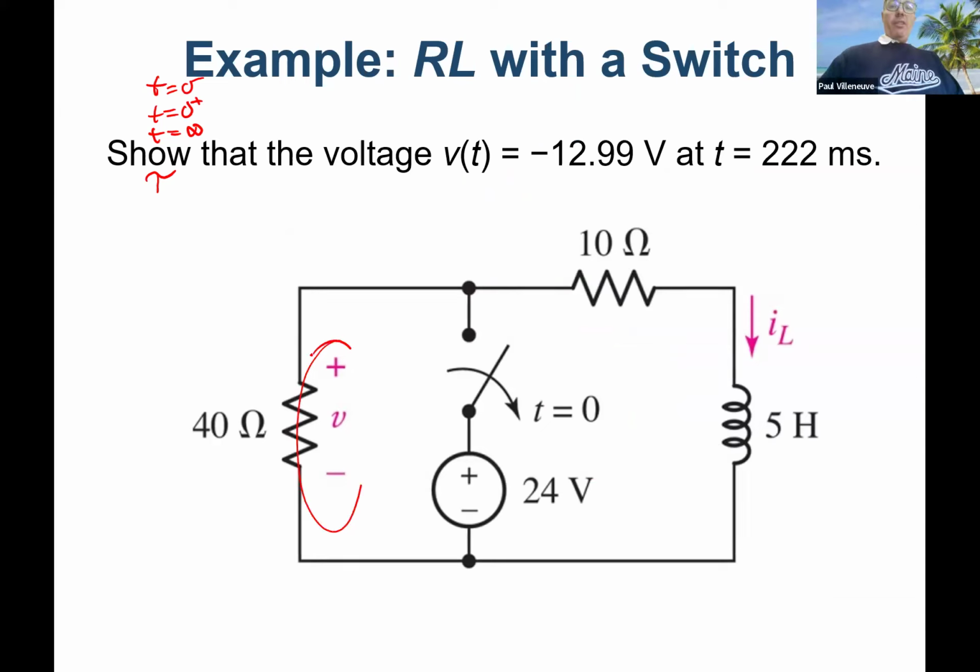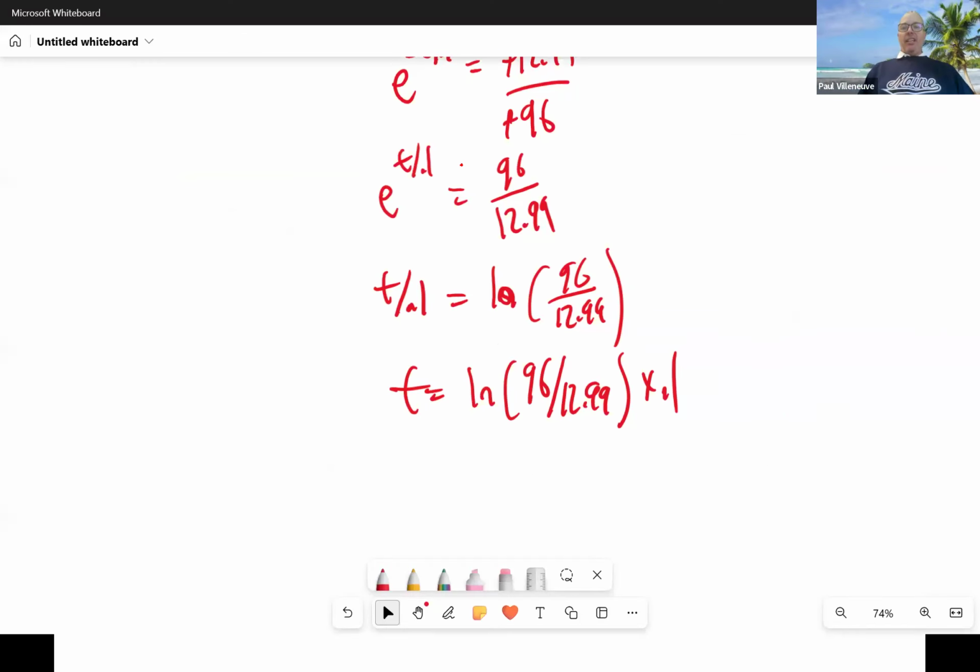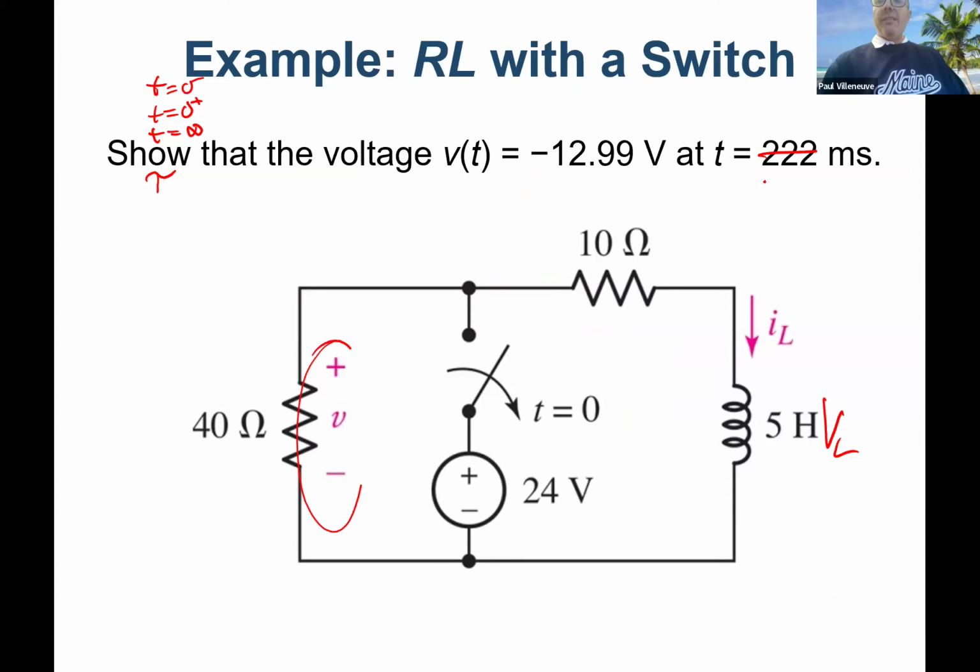This is the voltage, right? I'm not interested in VL. I'm interested in V. So I solved for VL and not V. So if this was VL, I would get that value. But if this is V, then it actually is 200 milliseconds, right?